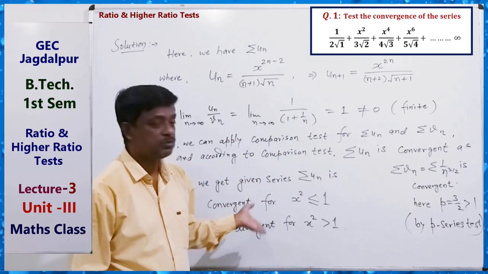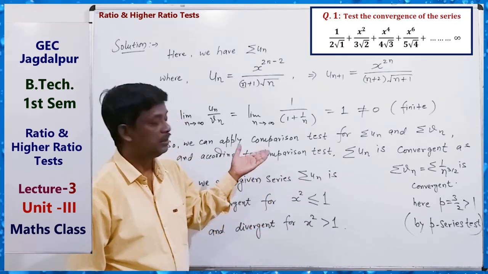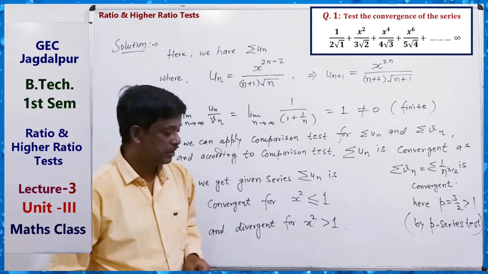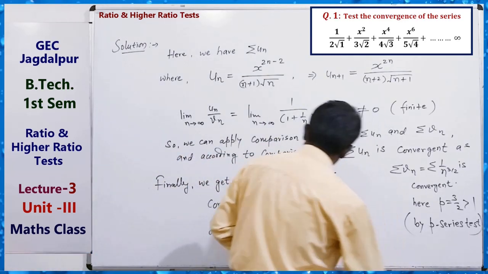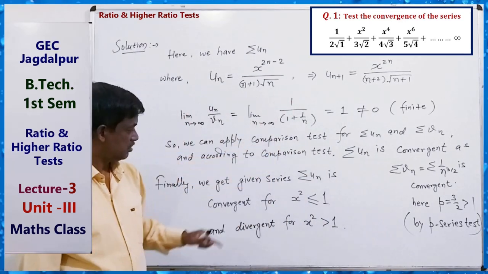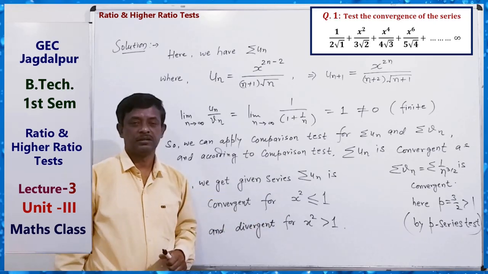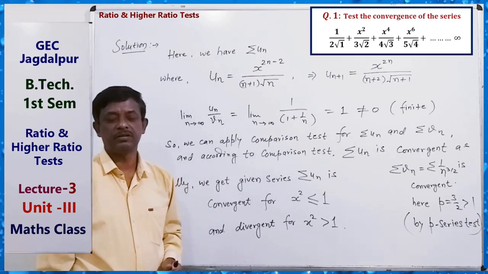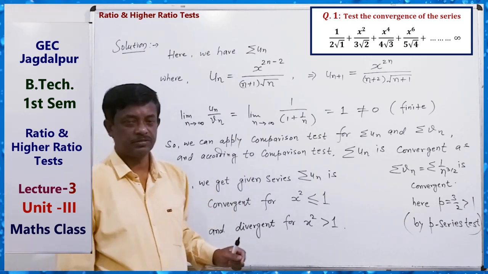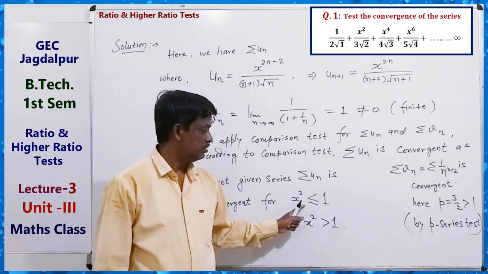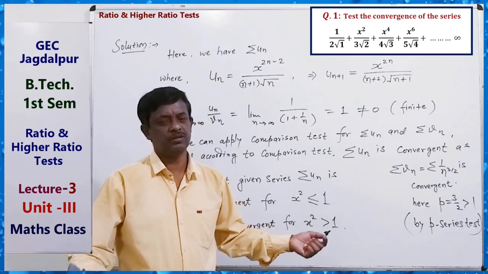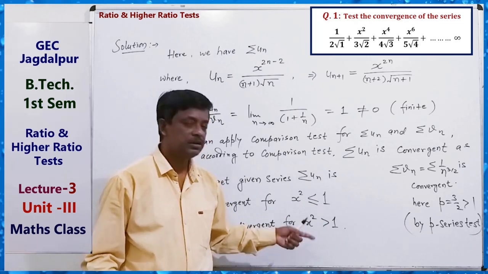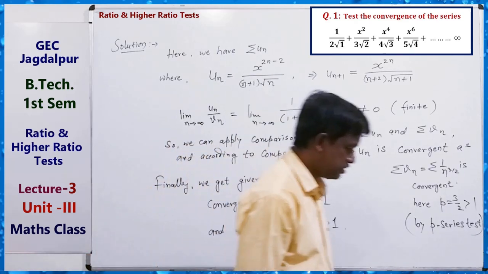But here we will use the comparison test. Because the series has x, the convergence or divergence will depend on the value of x. So x square may be equal to 1, less than 1, or greater than 1. If x square is less than or equal to 1, convergent, greater than 1, divergent. So this is the final decision.